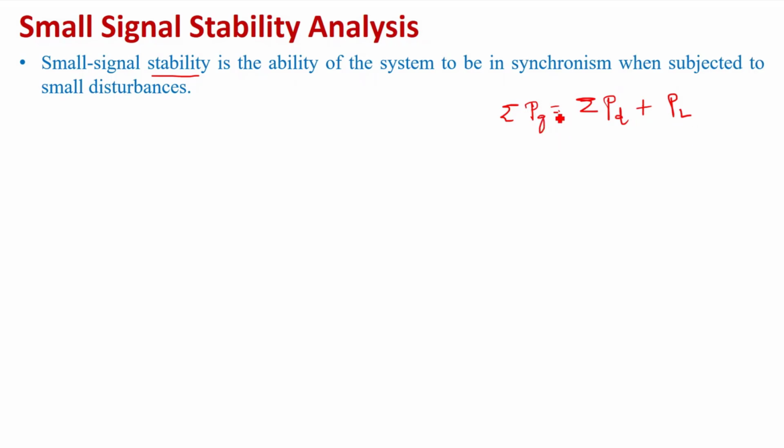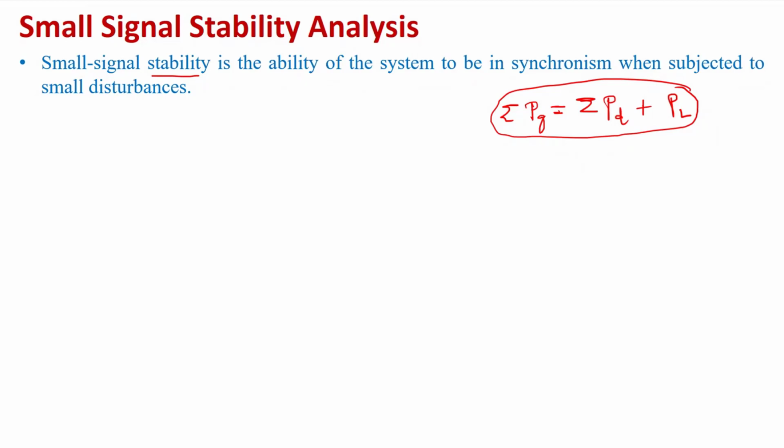It is difficult to get this balanced condition under dynamic situations because the power system is always operating in a dynamic condition. Continuously the loads are changing, generation is changing. Sometimes faults take place, sometimes a line goes out. There are many events taking place.